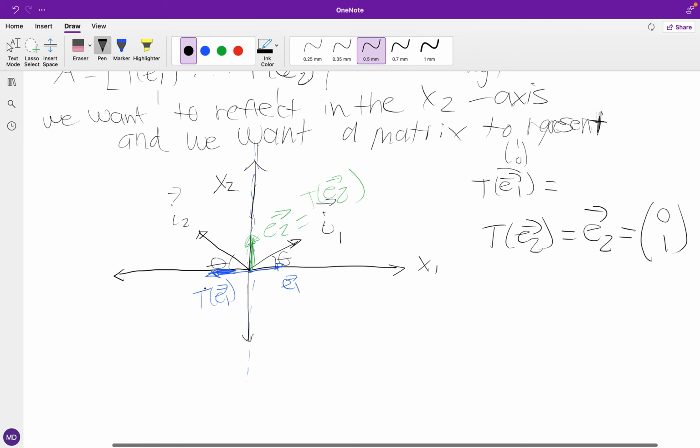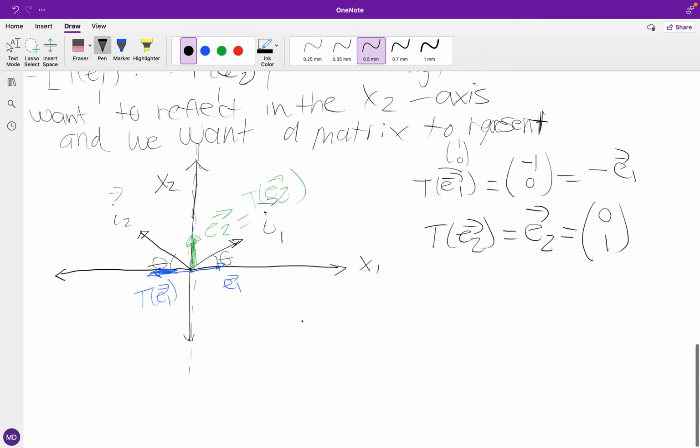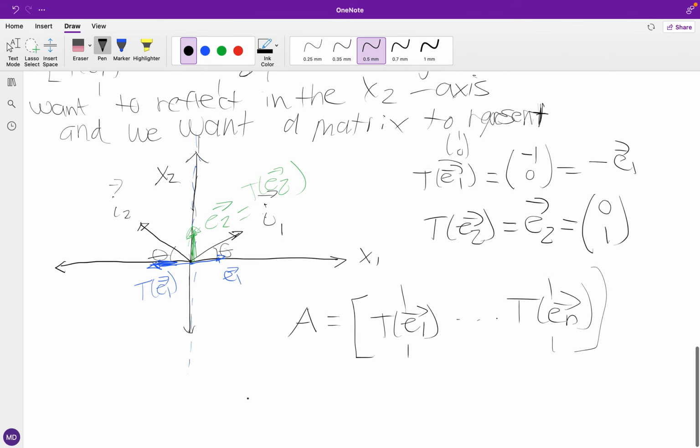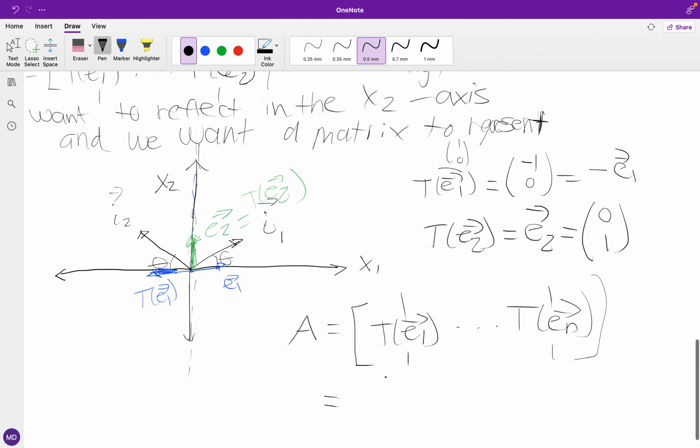So this E1 gets transformed into the vector negative 1, 0, or negative E1. That means that A, which is T of E1 to T of En, has to equal negative 1, 0 as the first column, which is our T of E1, and the second column would be T of E2, which is 0, 1.